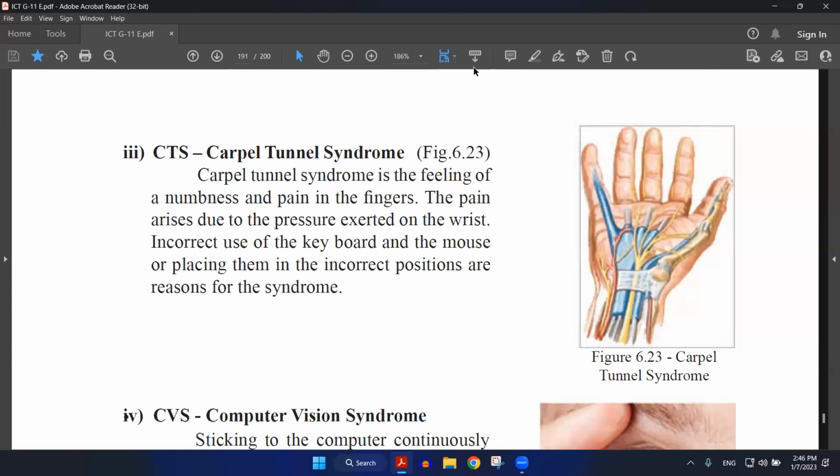It will put pressure on your wrist, and later the nerves which move through the wrist will be blocked. So due to that, sometimes your fingers may not function properly. Right? So it majorly affects your fingers because the nerves that control your fingers are right there.